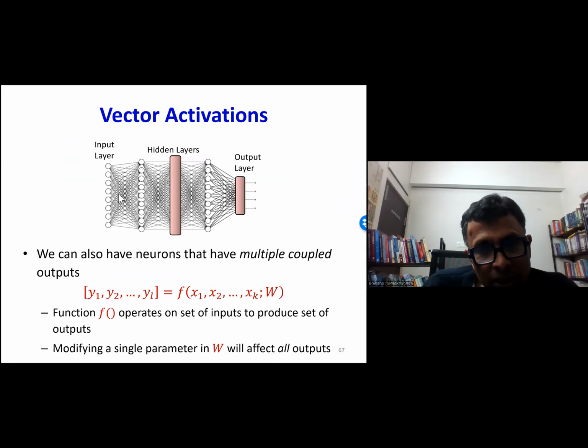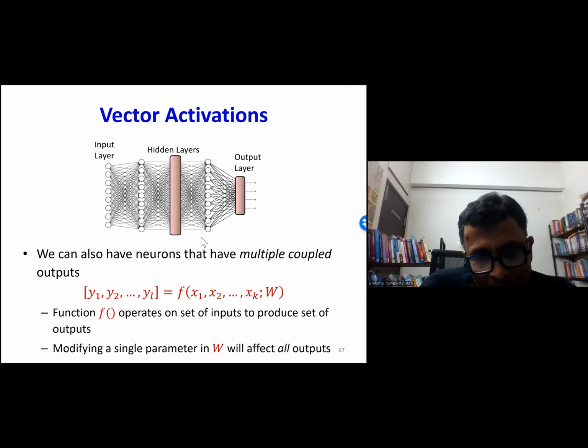But you can also have some things called vector activations, which have multiple coupled outputs. So in this case, instead of thinking of these as a collection of neurons where each neuron receives an input and computes an output, you actually have an entire vector block here, which receives a set of inputs and computes a set of outputs. And so what this means is that if I change anything that goes into any one of the inputs that goes in here, all of the outputs are likely to change.